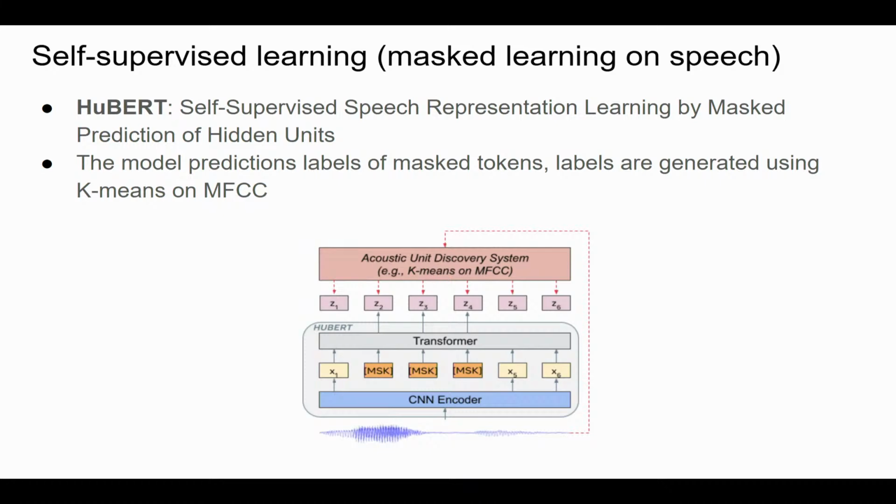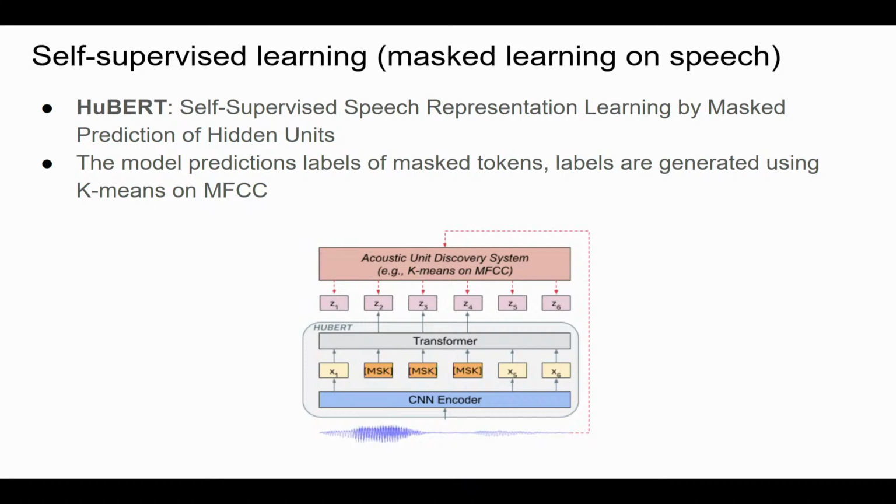It's closest to cluster number 513, so I get token 513. And when the transformer predicts the output, this Z2 should have high probability at the value of 513. This is exactly the same as BERT, except the input is different.